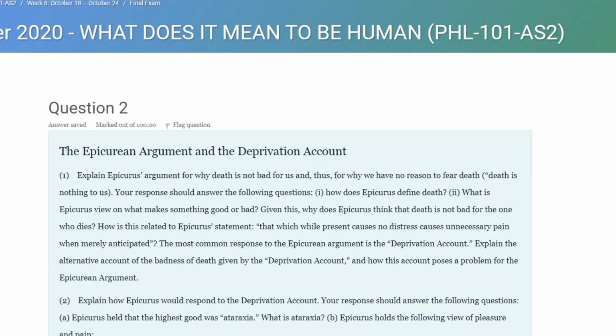Then, once you are satisfied with the files you have submitted, you can click on Finish Attempt.